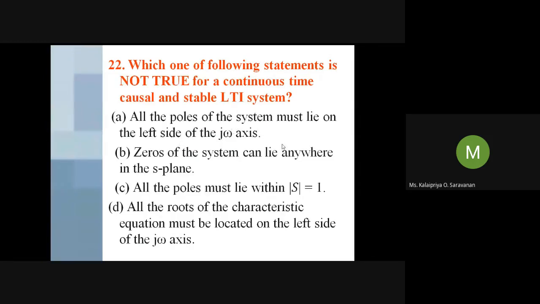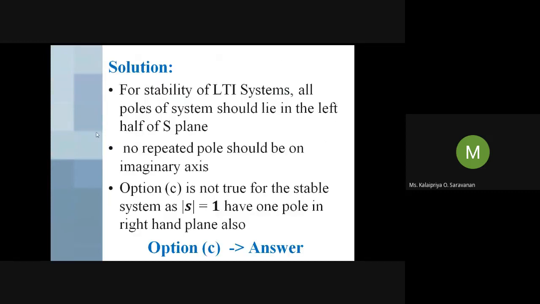So here all the options are discussing only the poles and the zeros location on the j omega axis. So we'll discuss which is the correct answer. Now, for stability of an LTI system, all the poles should lie only on the left half of the S-plane, and there should be no repeated pole on the imaginary axis. So if you can see, option C will be the right answer, because option C will not be true for a stable system, because modulus of S is equal to 1 will have only one pole in the right hand plane.